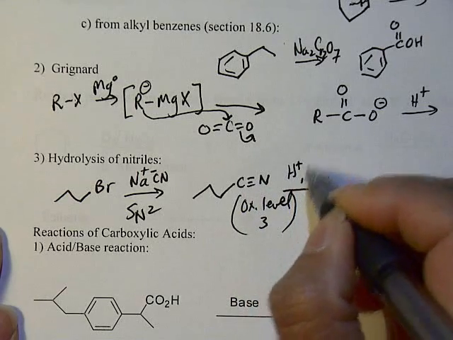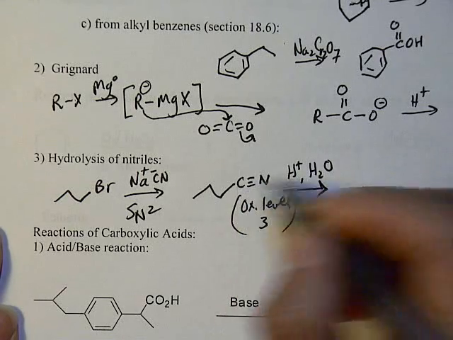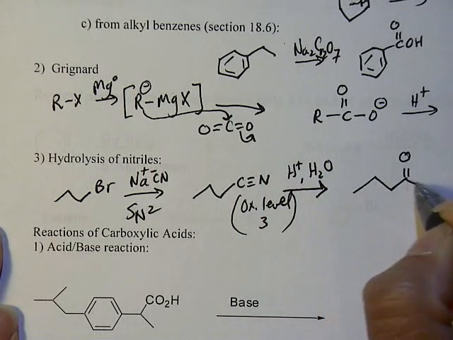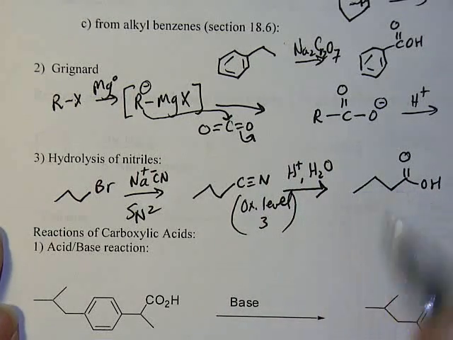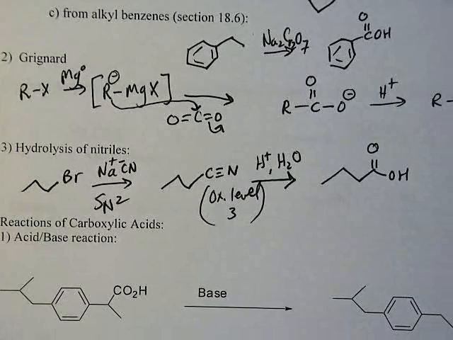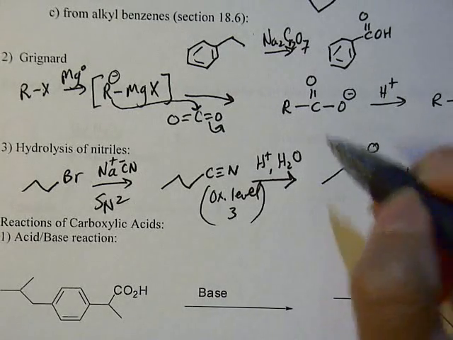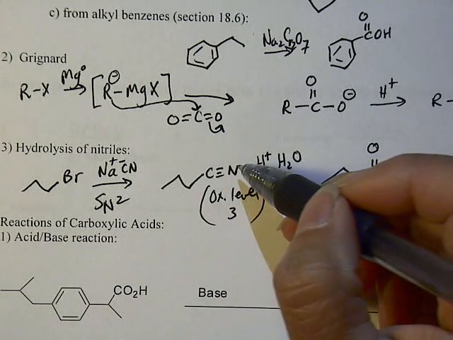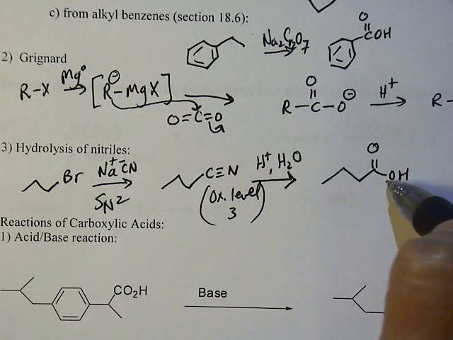So all it needs to go from nitrile to carboxylic acid is hydrolysis conditions, in which you add acid and water and basically cook it, hydrolyzing the nitrile group into a carboxylic acid.